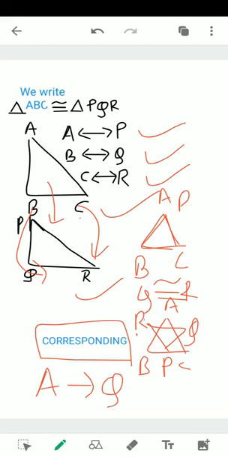So corresponding is very essential whenever we go through congruence of 2 triangles. I hope everyone is clear with the concept of corresponding. A has to correspond to P, then and only then can we say that those 2 triangles are congruent to each other.